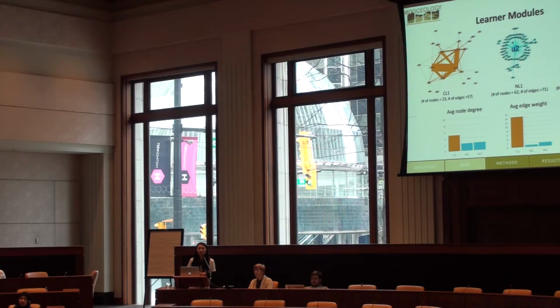Let's first look at the learner modules. Here, the orange one was from the content-related network, and the other 2 from non-content. When looking at the structure of the orange module, we can see it is highly interconnected with super strong ties connecting multiple central nodes, which means social connections in this network are more robust than the other 2.